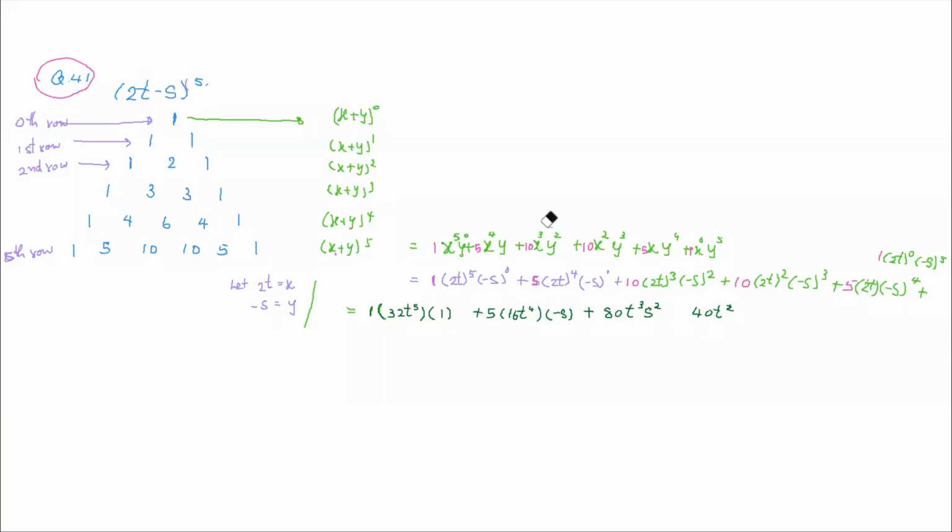This one becomes minus because it is an odd power: minus times plus becomes minus, 2 power 2 becomes 4, 4 times 10 is 40, and t power 2, and then s power 3. We come back to this one, we can change the sign, right? Because this one is minus s power 1, so it comes out negative. So negative times plus becomes negative.